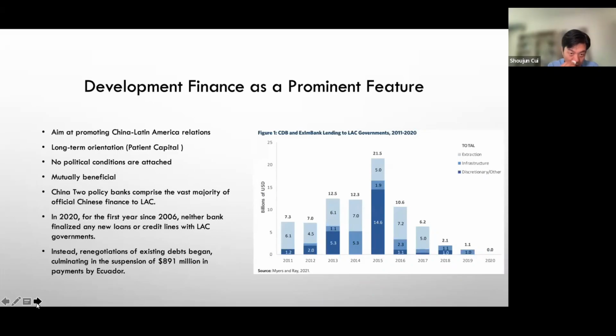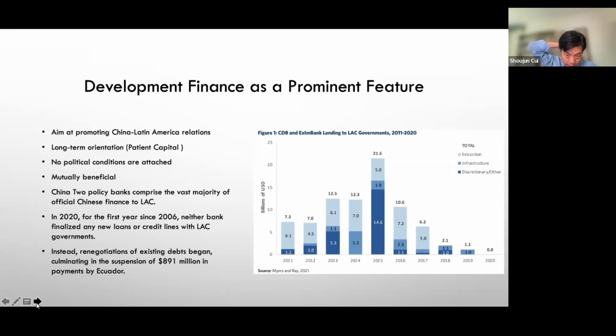In the meanwhile, this development finance has no conditions attached, so it's really mutually beneficial. And last year, or the year before last, because of the downturn of the Latin American economy, China decided to renegotiate the existing debt with the Latin American countries.